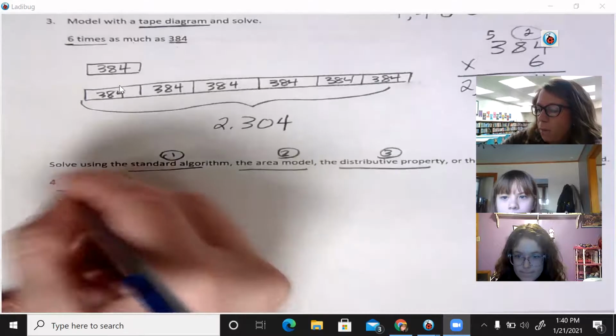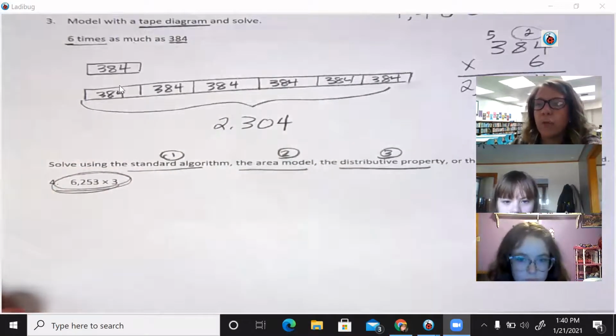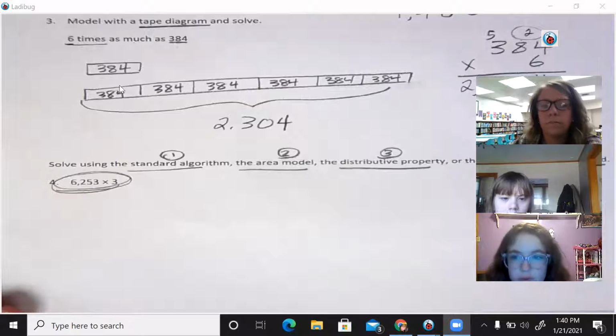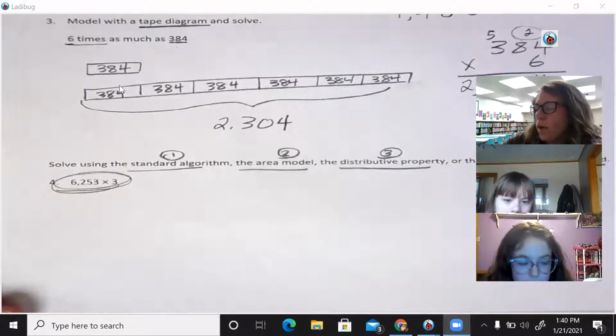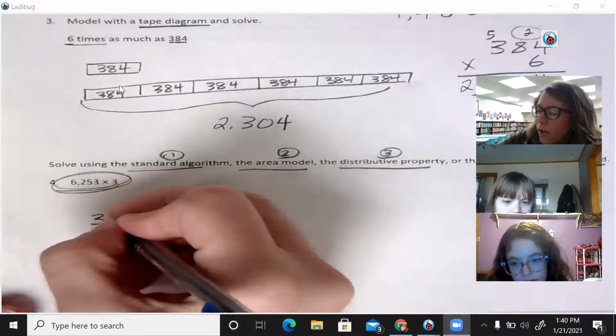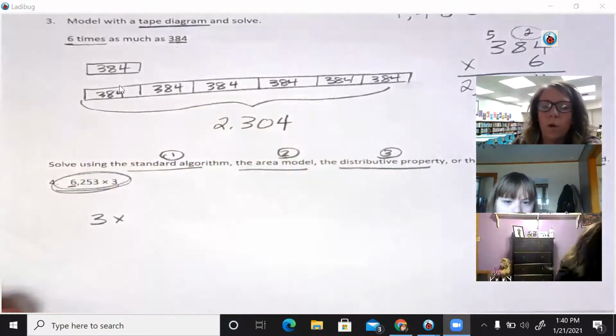When you look at this problem, Riley, what number is the number that we're going to be distributing to the other numbers? 3. So we're going to start with 3 times, and then we're going to break this up into standard form.